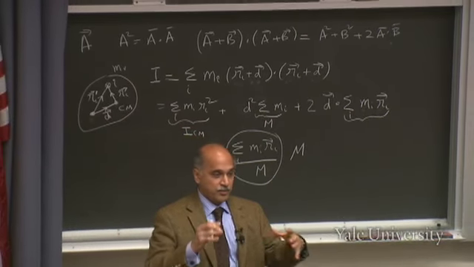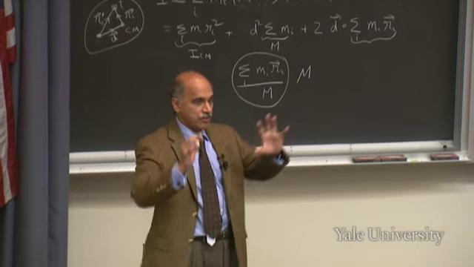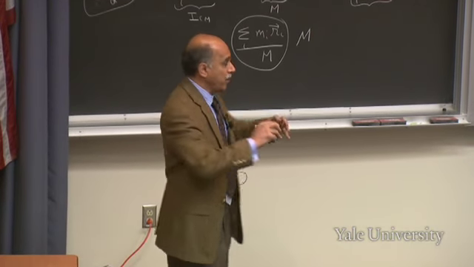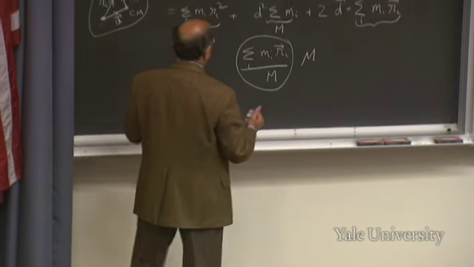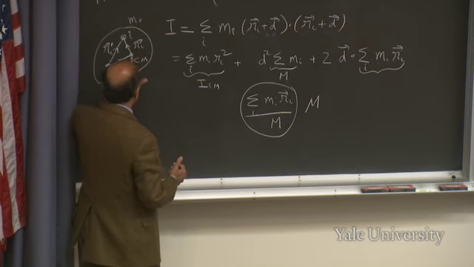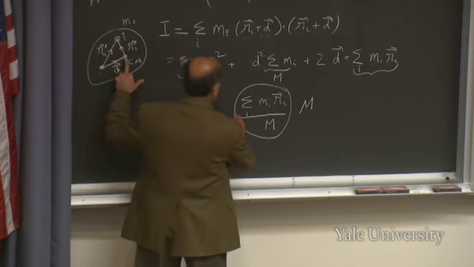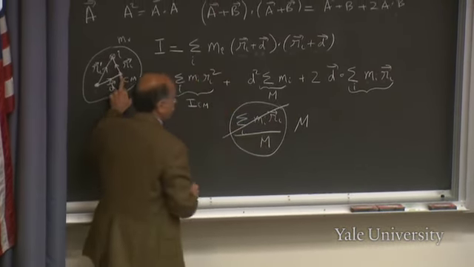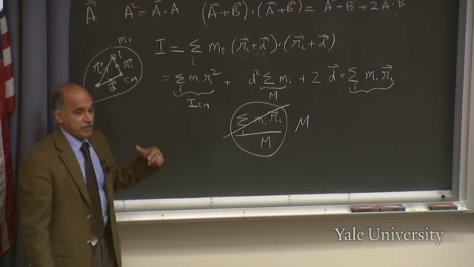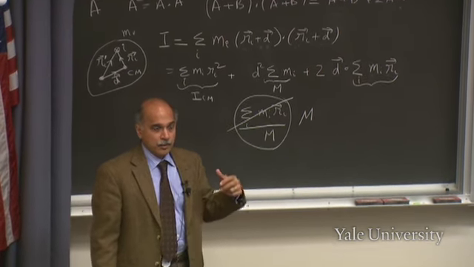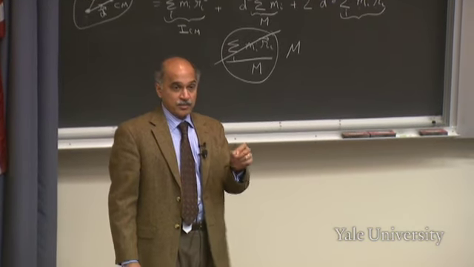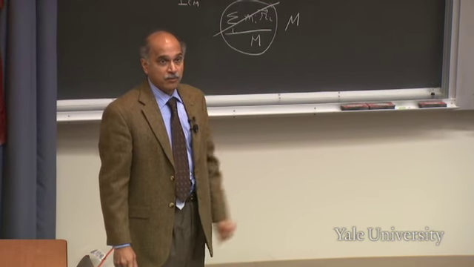One way to say that, if you're sitting at the center of mass, then all the masses are surrounding the center of mass in such a way that the weighted sum of their positions will be the center of mass, but which will be then 0 if that's your origin of coordinates. That's the reason this will vanish. This is a very useful result. The center of mass coordinate in a coordinate system with the center of mass as the origin will therefore be 0.